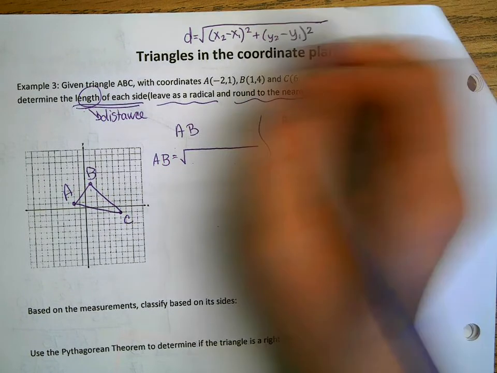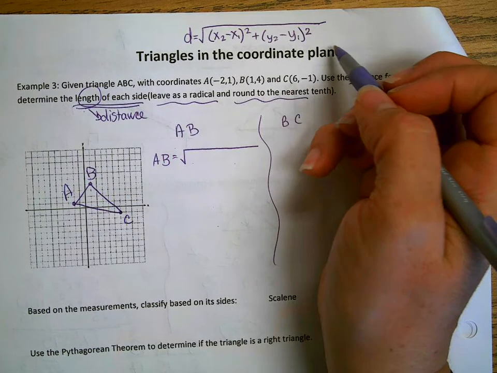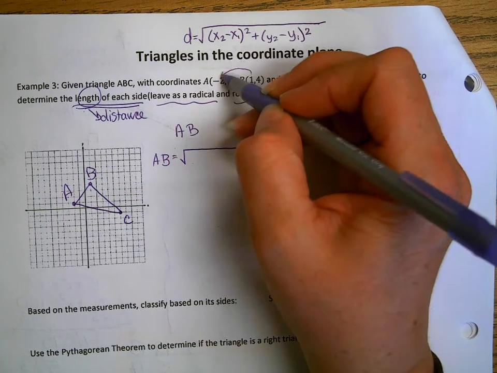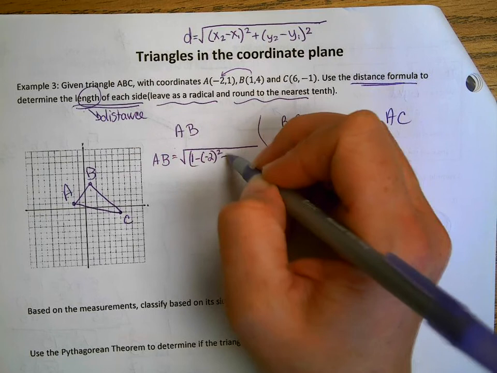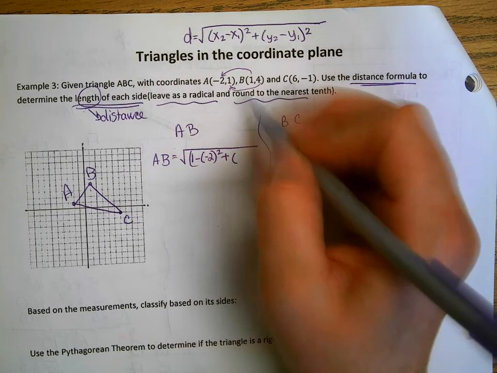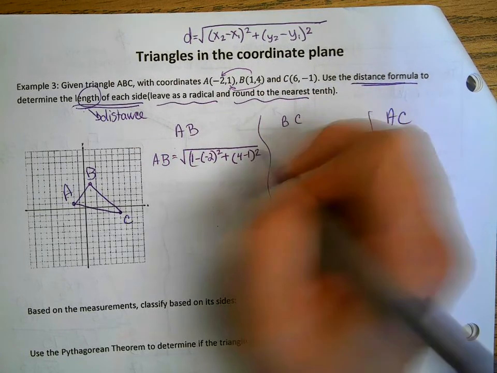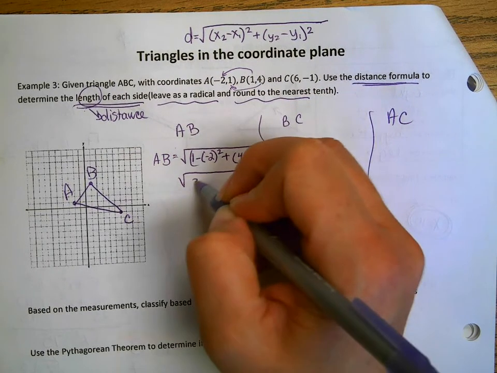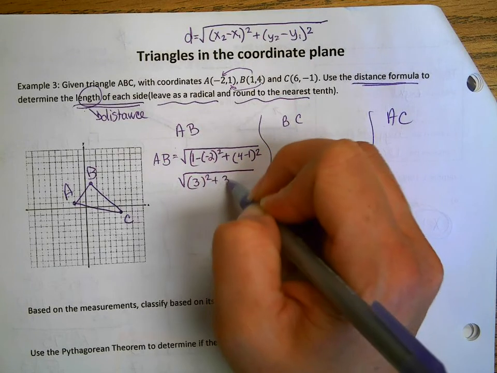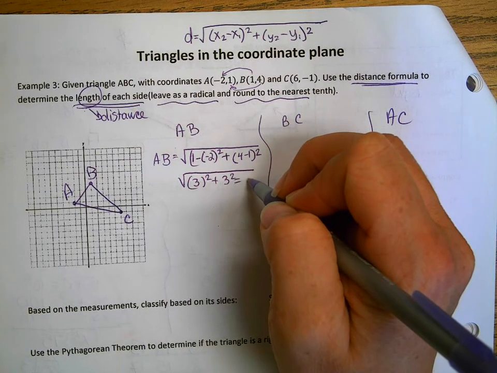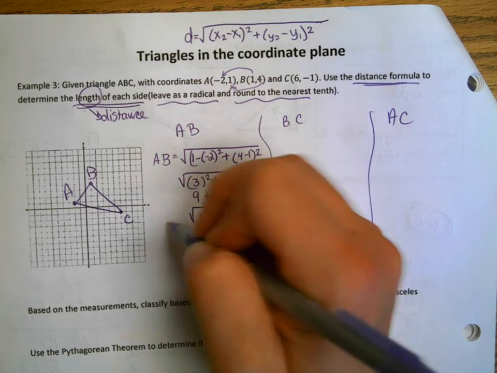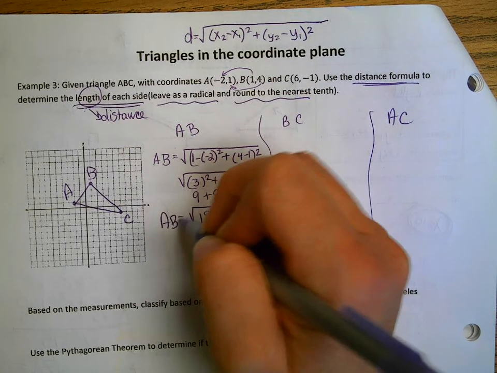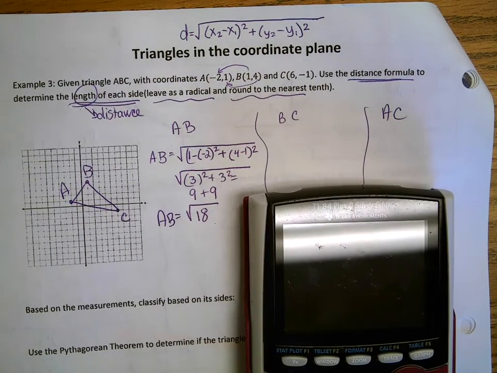Now this is something I know I tested already in the first unit, so I'm really going to fly through this. We have 1 minus -2 will give us 3 squared, plus 4 minus 1 also gives us 3 squared. So that becomes 3 squared plus 3 squared is 9 plus 9 is the square root of 18. So AB equals the square root of 18.